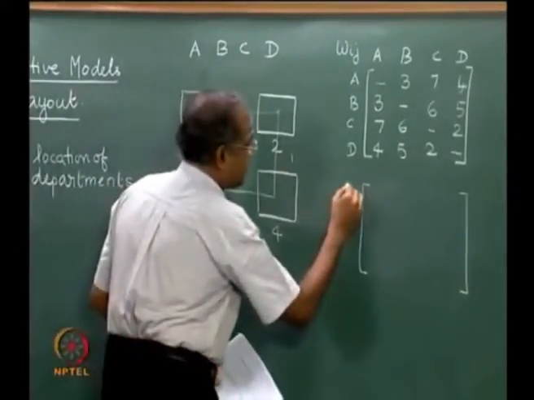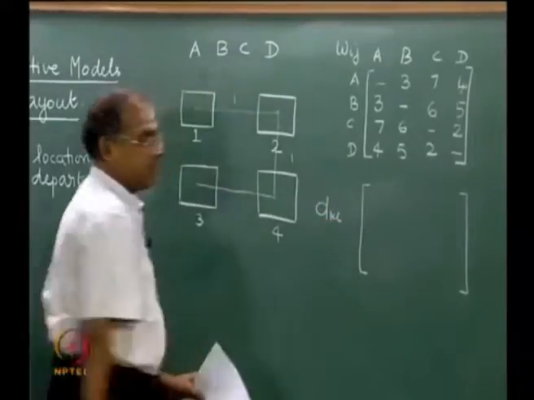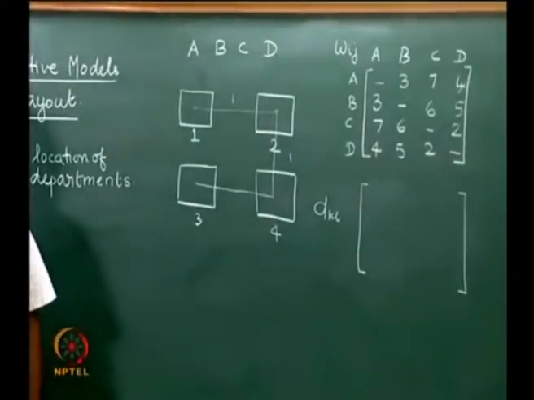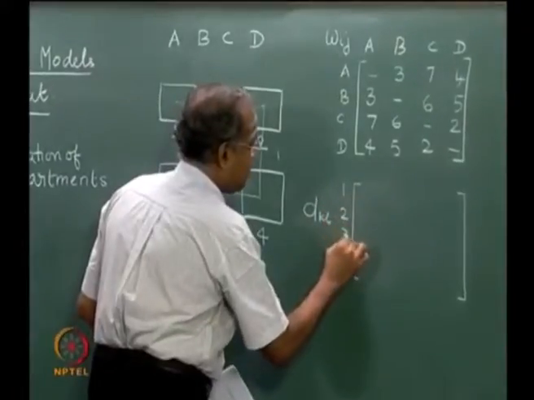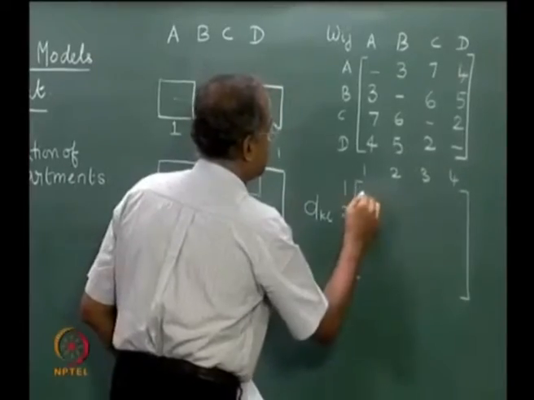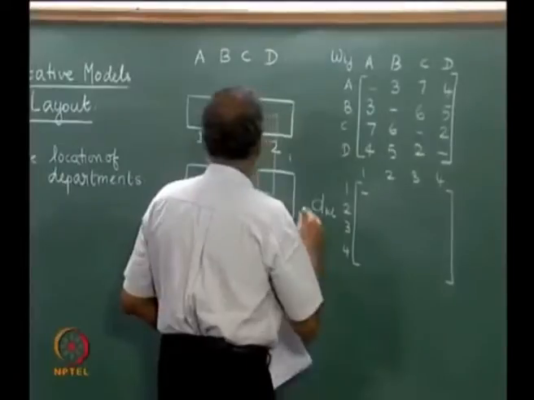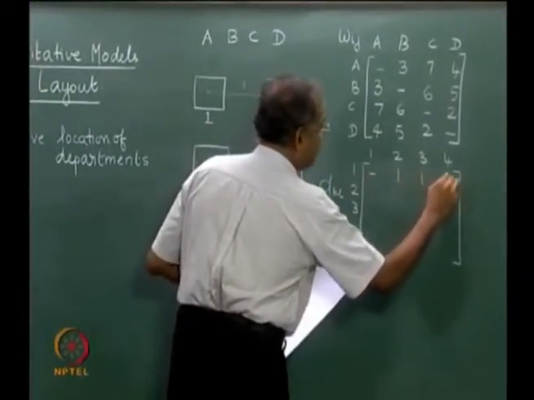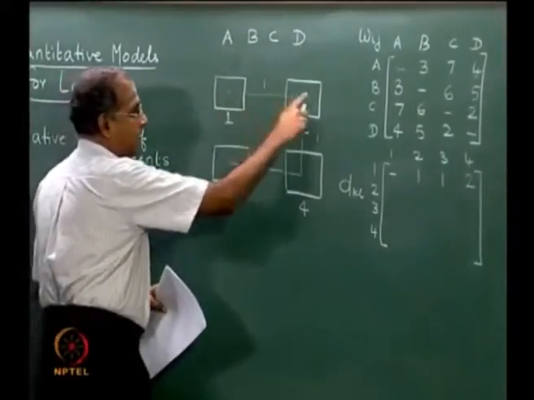So, there are 4 sites and we create what is called a dkl matrix, where dkl is the distance between sites k and l. The 4 sites are written as 1, 2, 3, 4. The distance from 1 to 1 is 0 or it can be a dash, 1 to 2 is 1, 1 to 3 is 1, 1 to 4 is 2, because we take the rectangular distance.